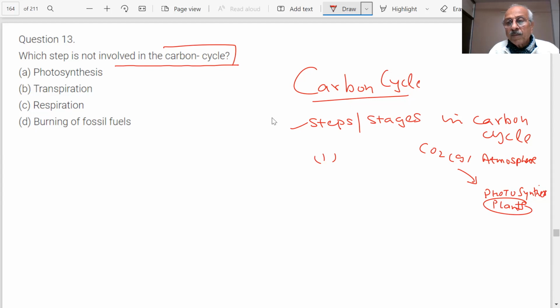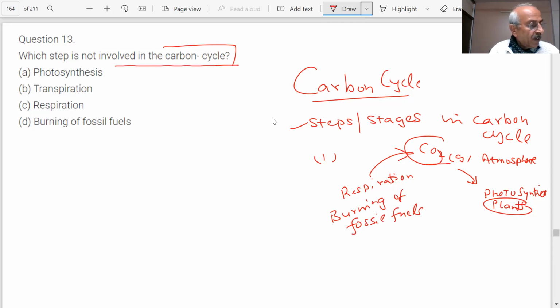Then what happens? And where is it coming from? Who is producing it? Are you releasing CO2? Yes, sir. What is the name of the process? Respiration. You are releasing it. What else are we doing which releases CO2? Burning of fossil fuels.